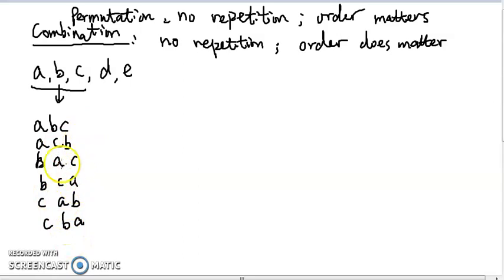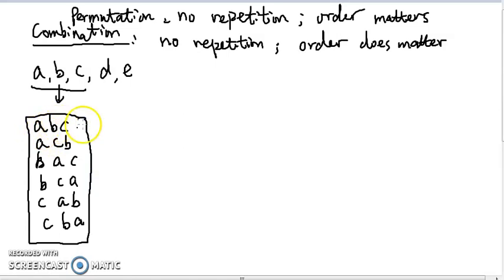But for combination, these 6 different ways are considered as the same thing, because it doesn't matter whose name you write down first. You could write down A, B, C, or A, C, B. That's the same 3 people that will work on Christmas Eve. So there's no difference when you are selecting people to do something. When you change them, it's going to be the same 3 people.